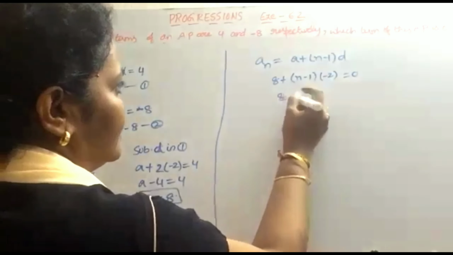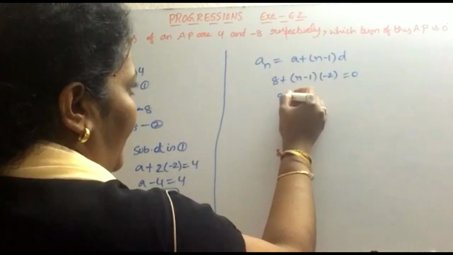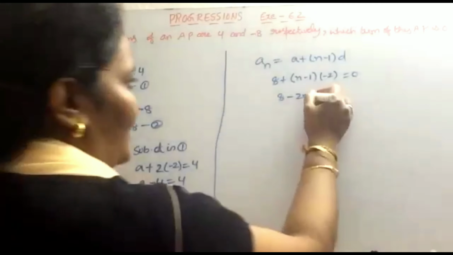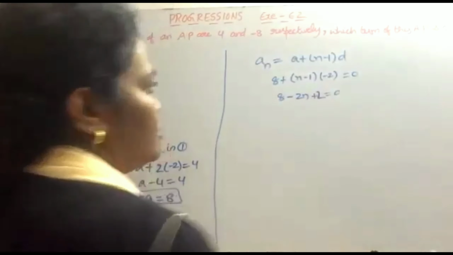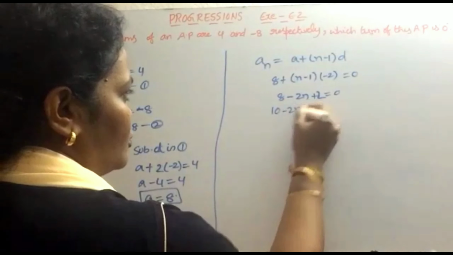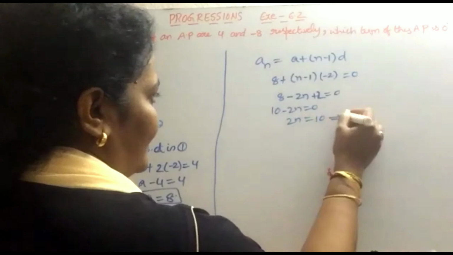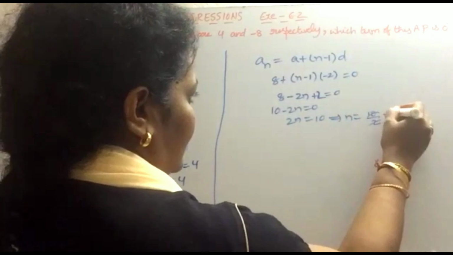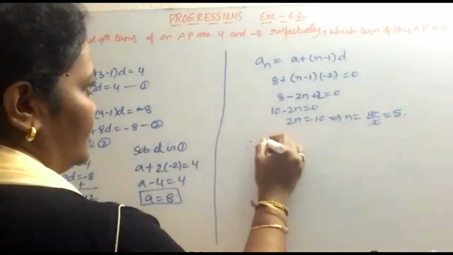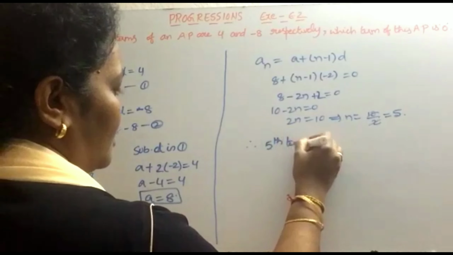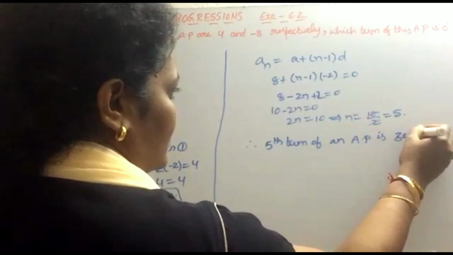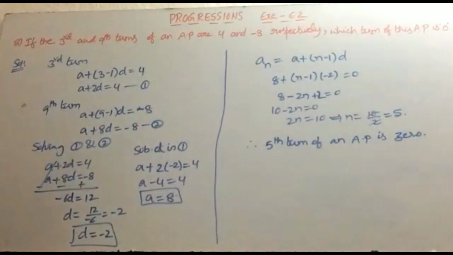So 8 minus 2n plus 2 is equal to 0. So 8 plus 2, 10 minus 2n is equal to 0. So 2n is equal to 10. That implies n is equal to 10 by 2, that is 5. So n is equal to 5. So therefore, the fifth term of the AP is 0.